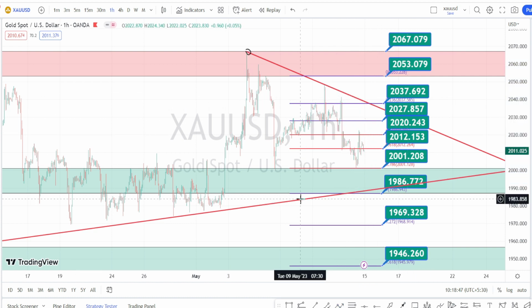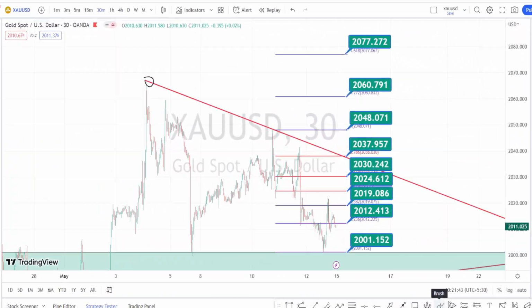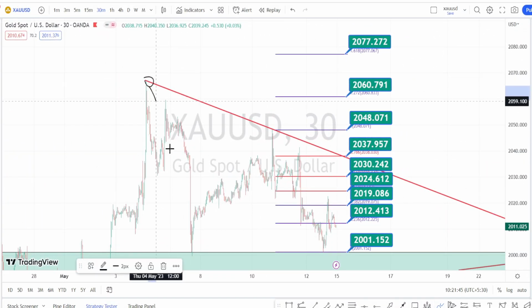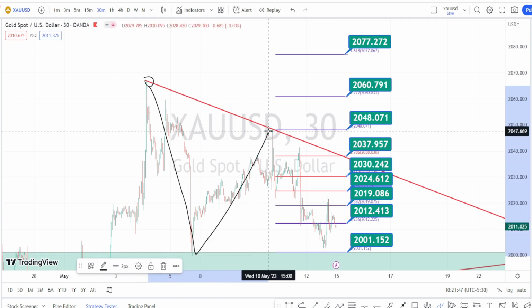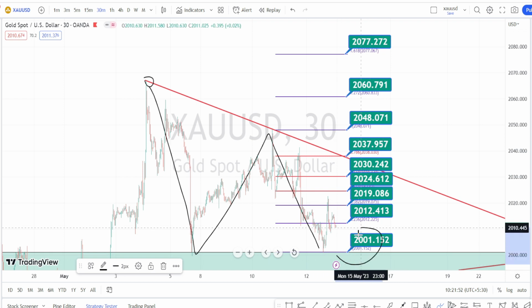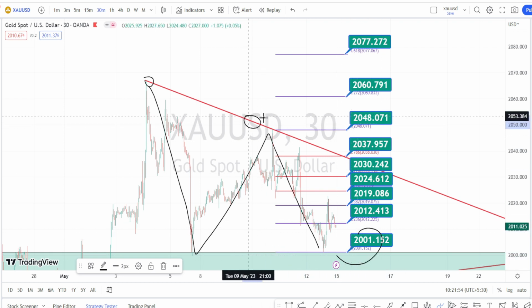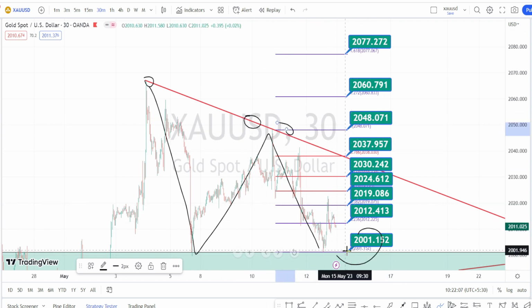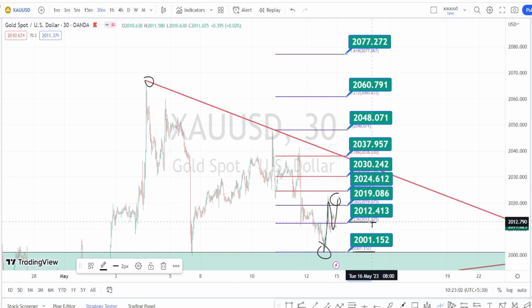Let us mark the support and resistance levels for the 30 minutes time frame. I am in the 30 minutes time frame now, and when we look at the price action here, it is again consolidating within the higher time frame support zone and the resistance line from the 4 hours time frame. Currently it has tested this support level of 2000, and we are noticing the price action bounce back on the bullish side retracement, and the present resistance is around the level of 2012.